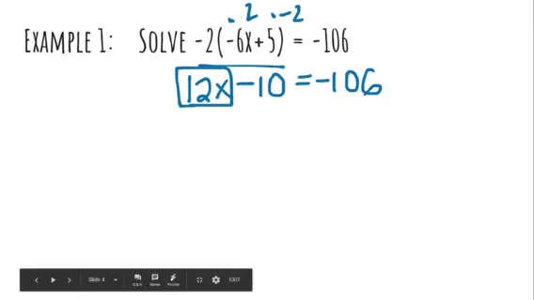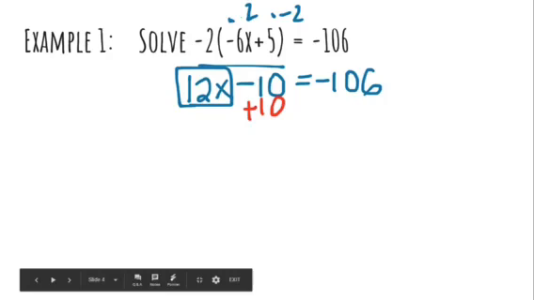The next step was to get the constants on the same side. Here are my constants, and so I want to get them on the opposite side as this 12x here. So I am going to add 10 to both sides.